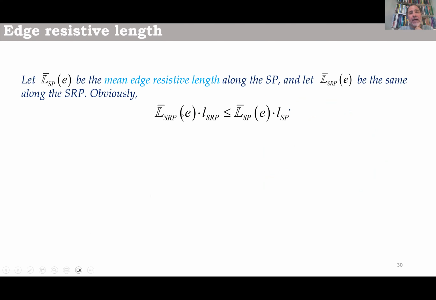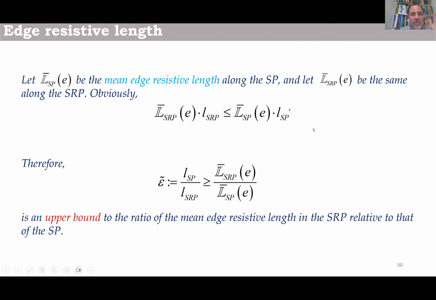So if we take the first inequality that I showed you and decompose it as the average of the shortest communicability path length in this path multiplied by the number of edges that we have here, this continues to be smaller than this. And we obtain this very simple bound, but it's very useful.